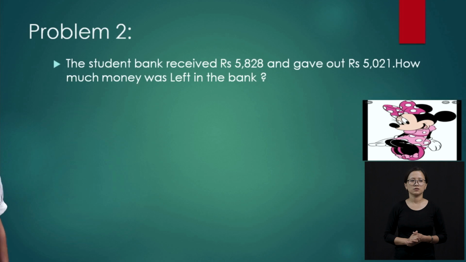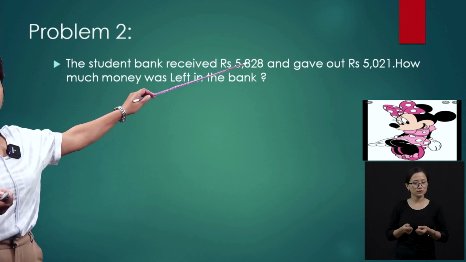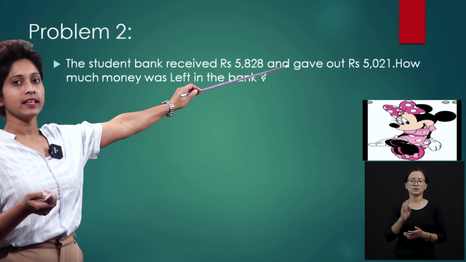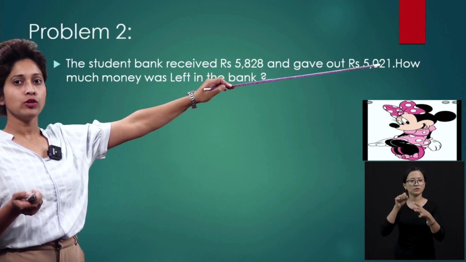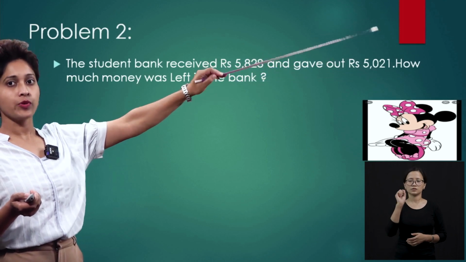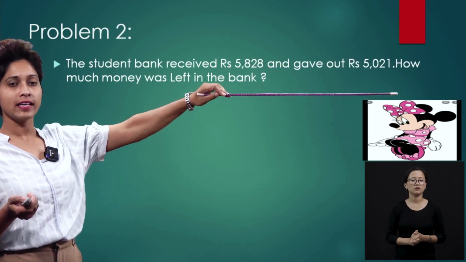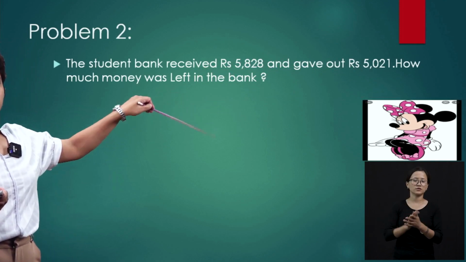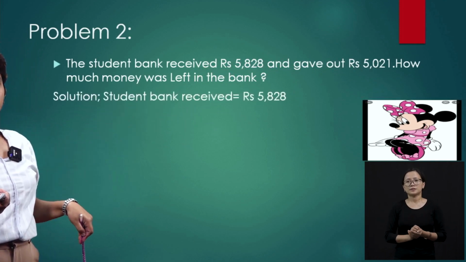That is, the student bank received how many rupees, students? 5,828, and gave out how much money? 5,021. So what you need to find out is how much money was left in the bank. All right, let's try to find it out.